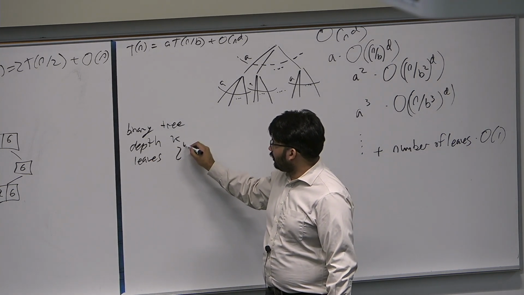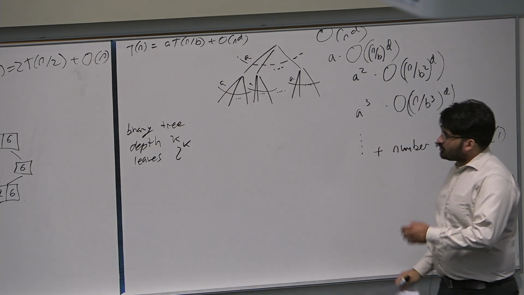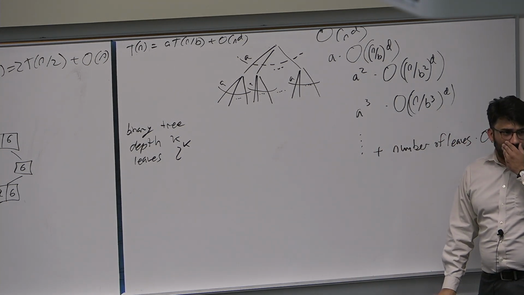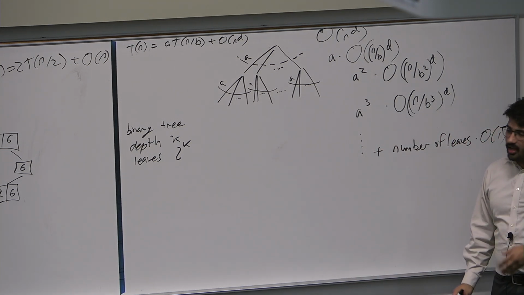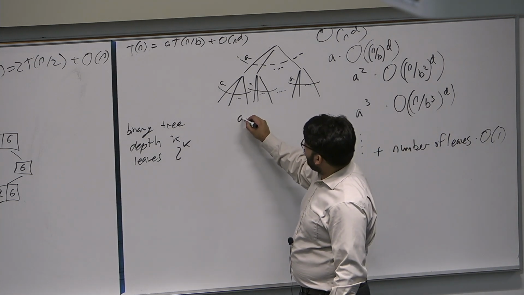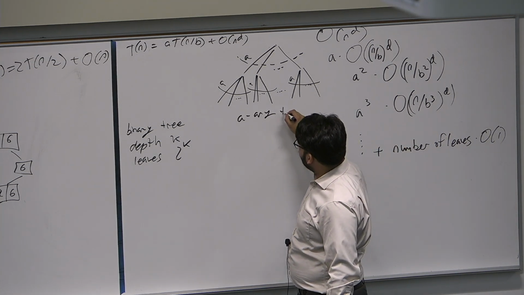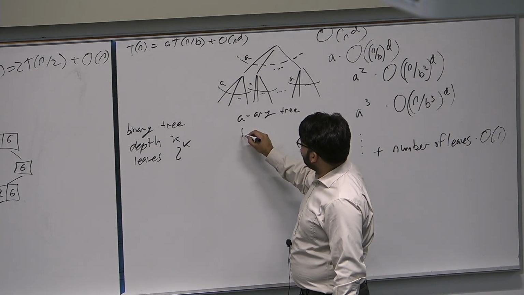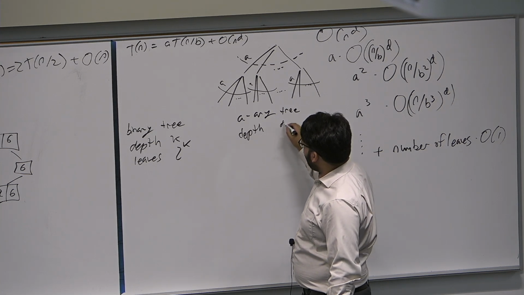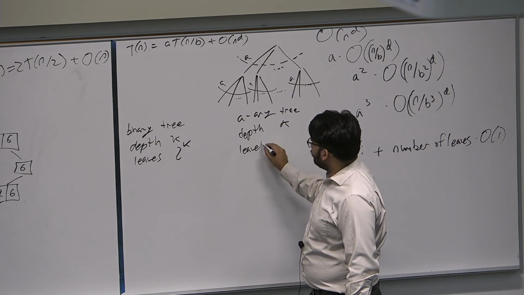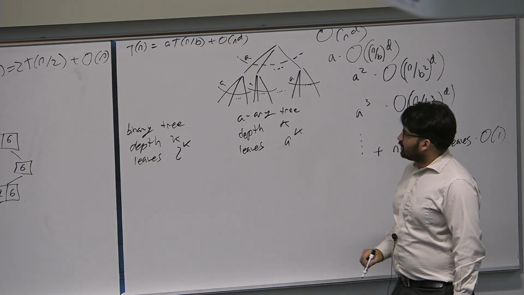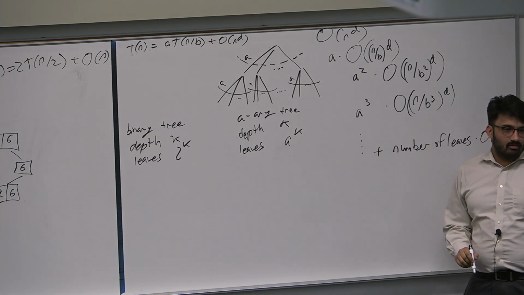Yes, 2^k. So we want to figure out the depth of the tree, and if we have an a-ary tree of depth k, we have how many leaves? So we need to figure out the depth.